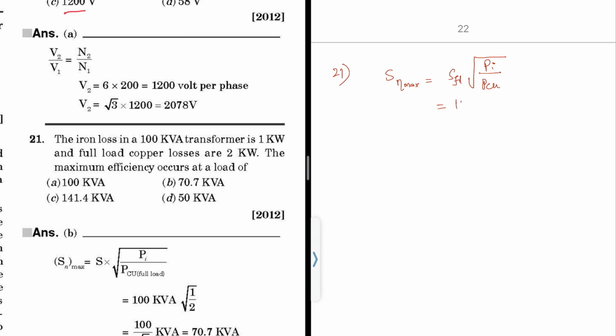The full load rating given is 100 into root over 1 by 2, so 100 by root 2, which is equal to 70.7 kVA. So the answer will be B.